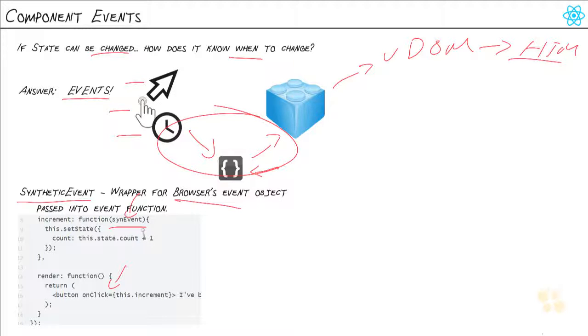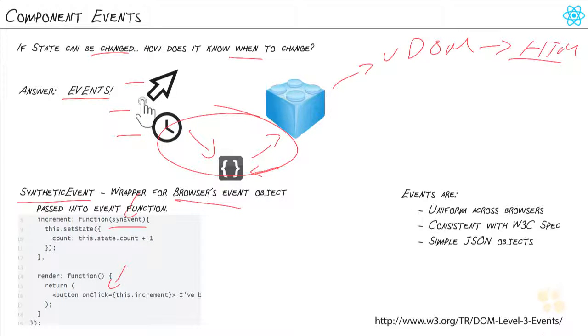So what you know with the synthetic event is that it's always going to handle exactly the same regardless of the browser, the client environment that might be using your application. And that's really ideal. You don't have to program for a whole bunch of different browsers. You can simply program once, treat this event the way you would expect events to be treated inside of a browser, and know that it will function exactly the same across all of the different browsers.